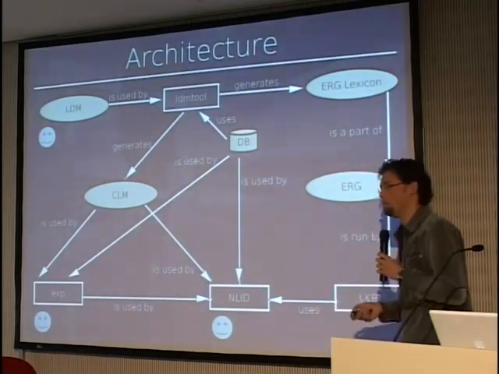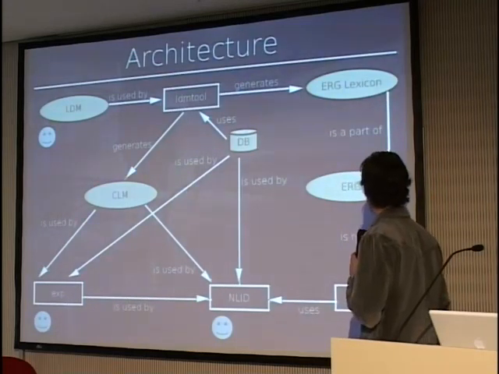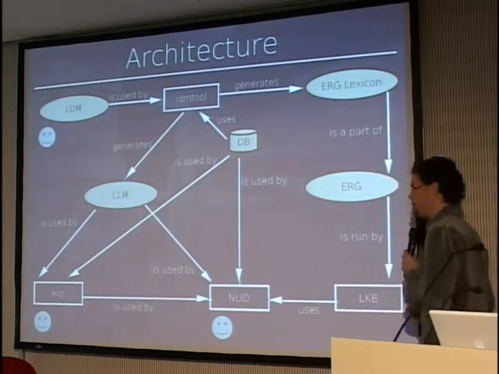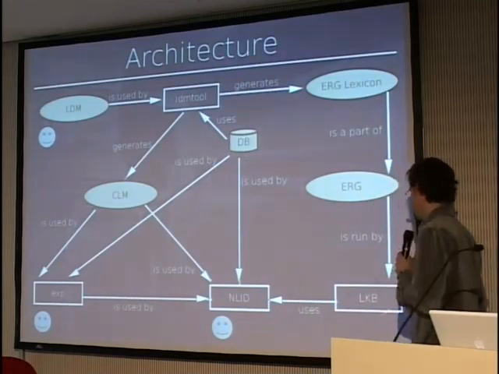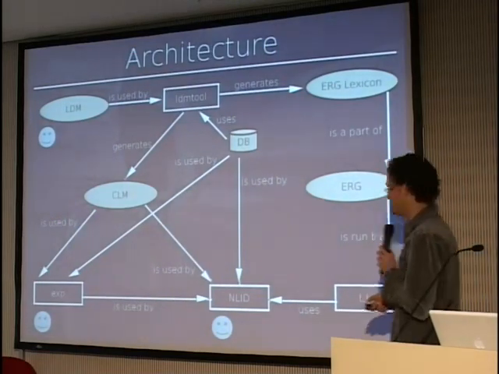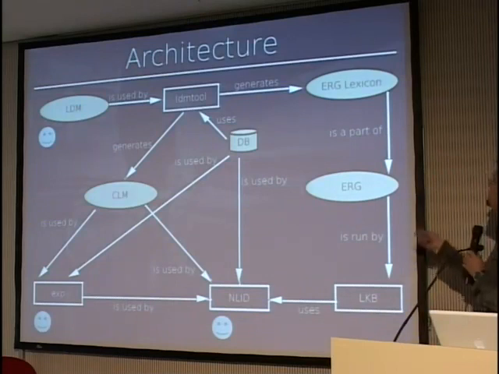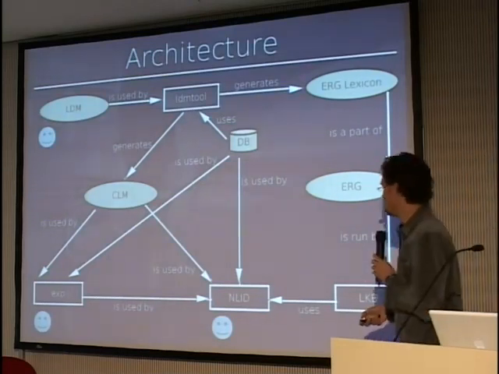Credits for that go to Dan Flickinger at Stanford and a whole bunch of other people. Then that resource grammar can be run in a runtime environment like the Linguistic Knowledge Builder, LKB. This is a tool written by my supervisor, Ann Copestake. So all of this is automatically generated, and then you get the natural language database interface.